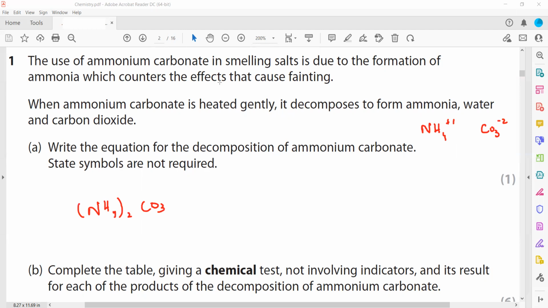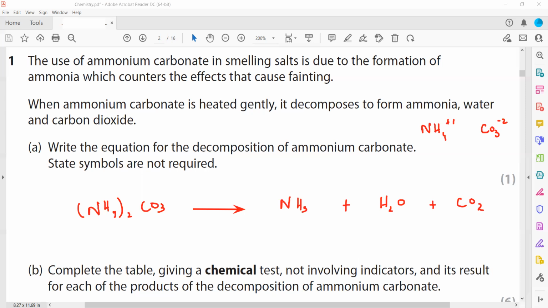So when we supply heat energy, when we heat it, what does it form? It gives off ammonia gas, water, and carbon dioxide. But whenever you have a symbolic equation, it must be balanced.